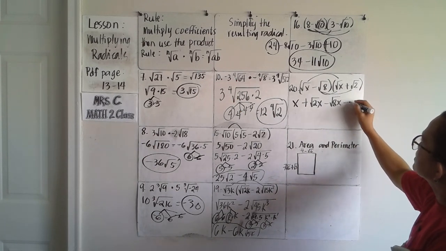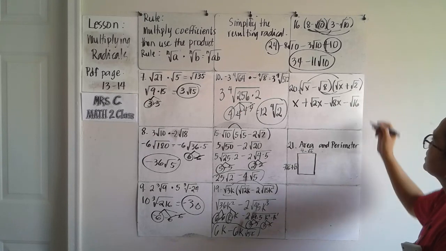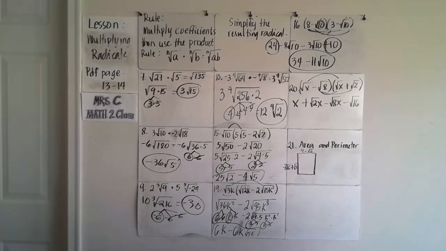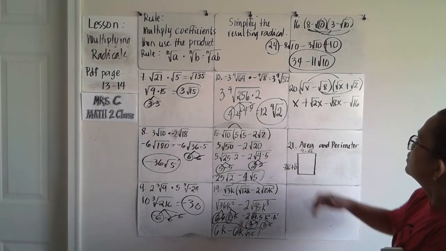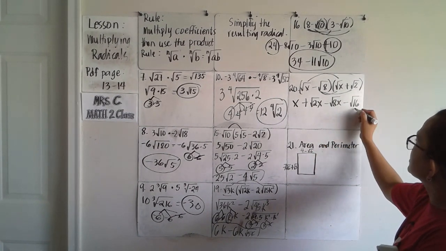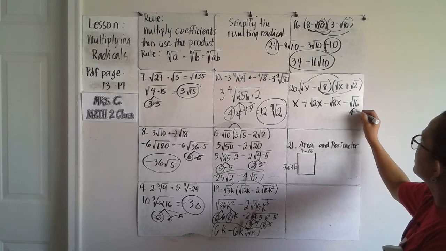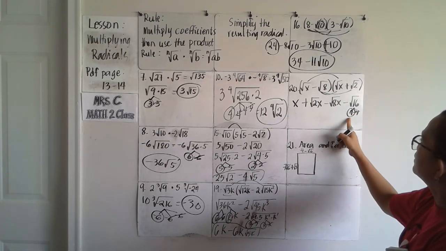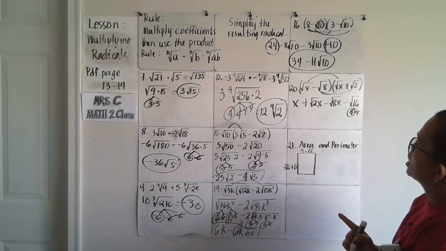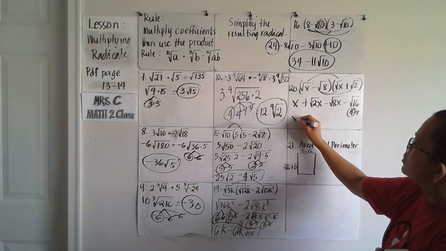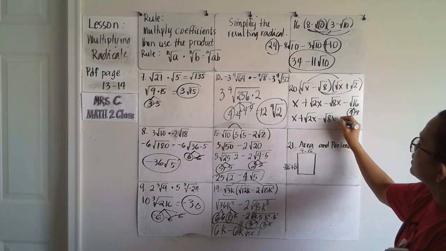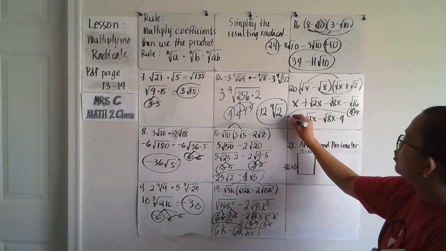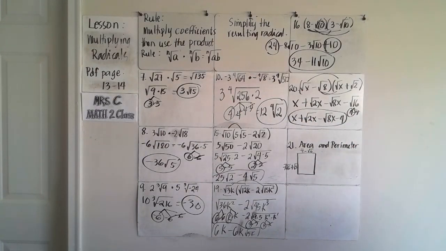This would give us negative square root of 16. 8 times 2 is 16. Next, 16 is a perfect square, so that will be 4 and 4. Cancel, take 1. So that will be 4. Therefore, the answer will be x plus square root of 2x minus square root of 8x minus 4. We can't do anything about it, so leave it like that.